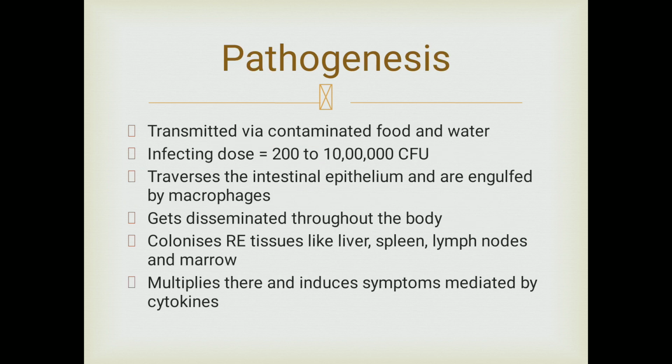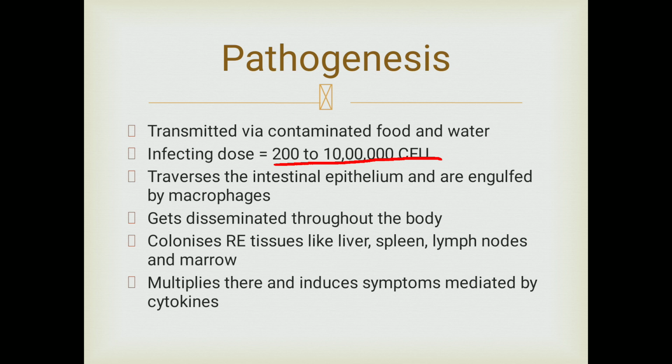Pathogenesis: this is transmitted mainly by contaminated food and water. The infecting dose ranges from 200 to 10 lakh colony forming units. Once it enters the gastrointestinal tract, it traverses the intestinal epithelium and is engulfed by the macrophages and resides within the macrophages without getting destroyed.